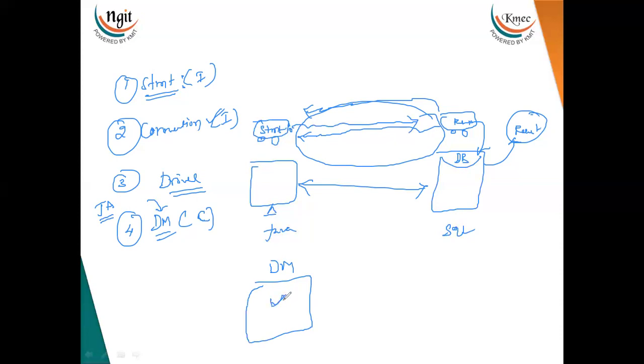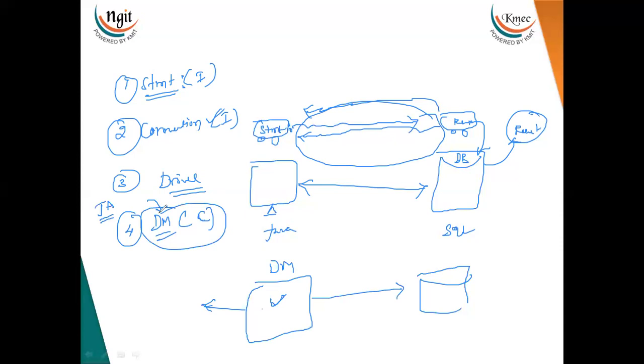If the requested driver is available, then it provides the driver. By using the driver, we can connect to the database. If the requested driver is not available, it sends a negative acknowledgement to the JDBC API, and from the JDBC API to the Java application. This is how the DriverManager class manages the drivers of different databases.